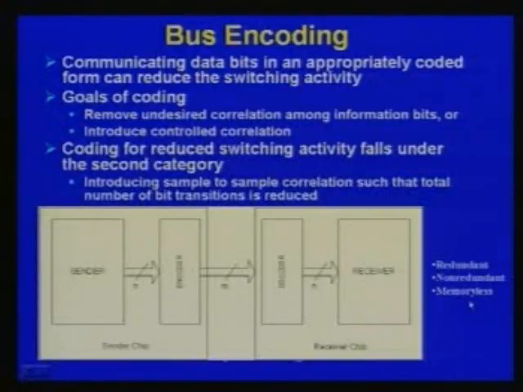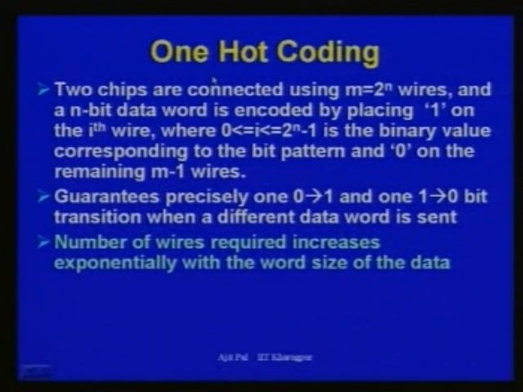It can be realized with the help of a combinational circuit. You do not require a sequential circuit to realize it, or it may require memory. So, there are different types of coding techniques that can be used. The basic idea or basic goal of coding is to remove undesired correlation among the information bits that you are sending and introduce controlled correlation, and that can be done by several encoding techniques.